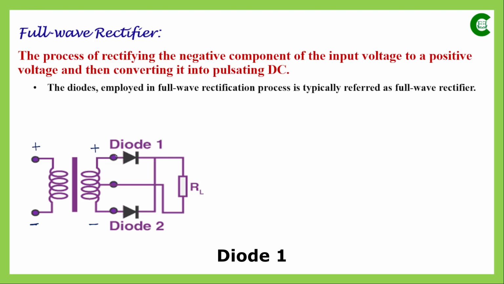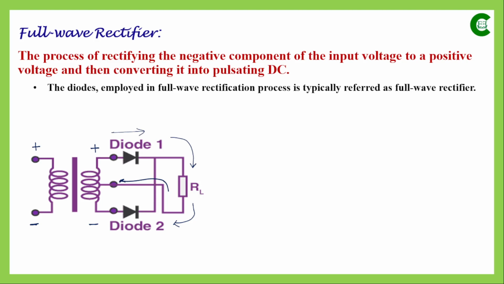So the diode will act as a forward bias diode and it will be turned on. So it will be a closed circuit through this load resistor till the center point or midpoint of the secondary coil. So the current will flow in this direction through the load resistor, then it will come here and then flow this way.